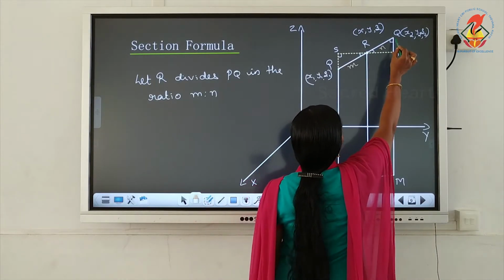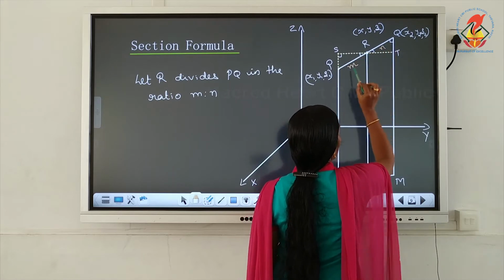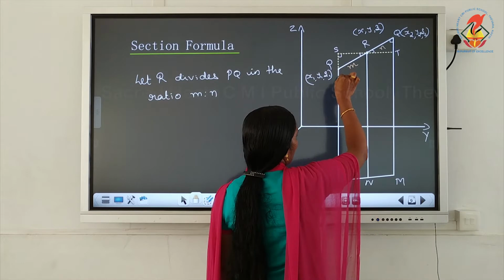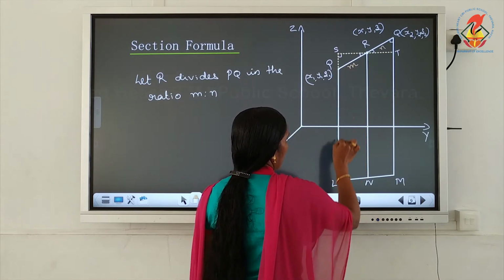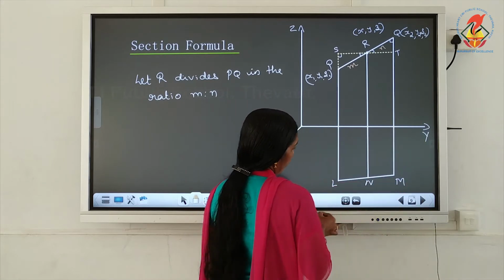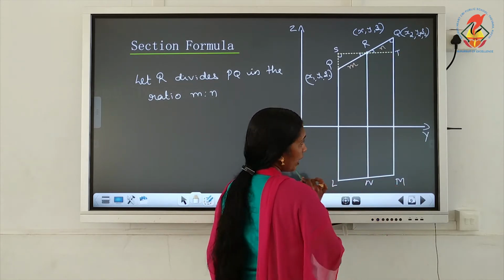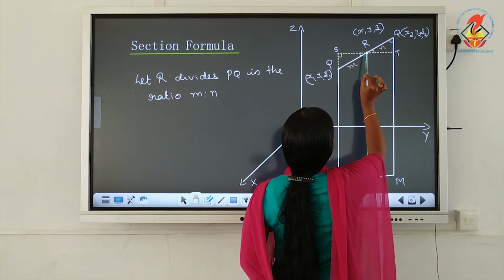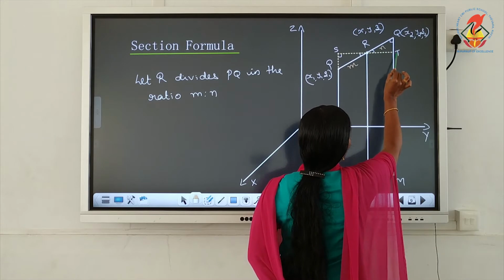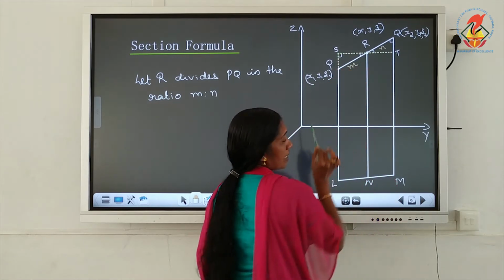So P and Q are given, R is a point which divides PQ in the ratio m is to n. Then from P draw a line parallel to the z axis to the xy plane, and from R also, and from Q. Now from R draw a straight line RT to QM, and a straight line RS to PL.